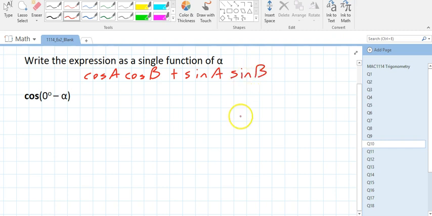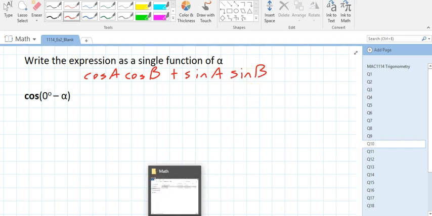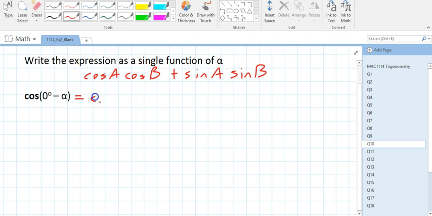So we're going to fill this guy in. So, cosine of, who is angle A? 0 degrees. Cosine, who's B? It's actually alpha in disguise, but yes, it's fine if you want to call it an A. Alpha. Plus sine of, you said A was 0 degrees. Sine of B, who is alpha.